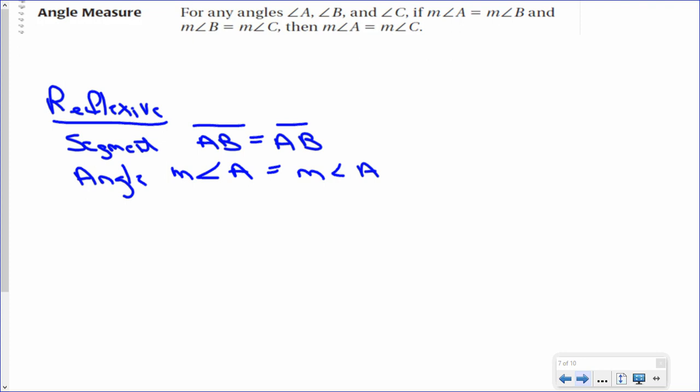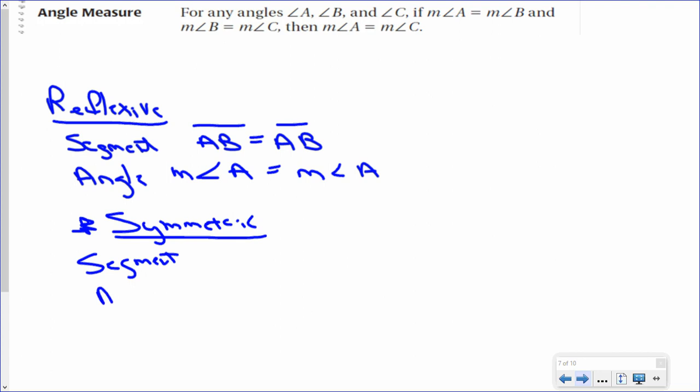The next one is symmetric. We'll have two of them again, a segment and an angle. Symmetric is being able to flip. So let's say you had segment AB is equal to BC.